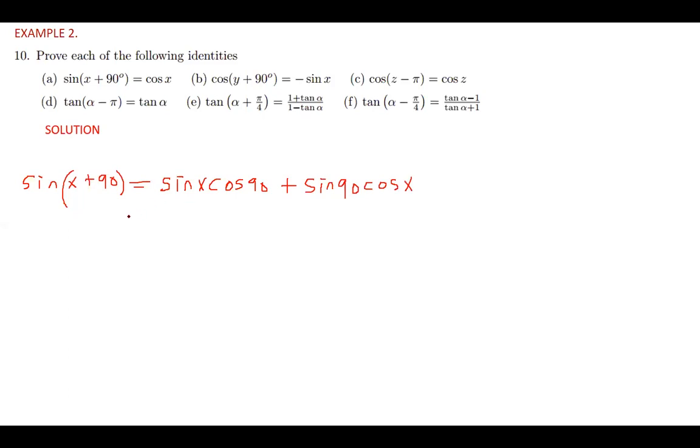So sine x will just remain as sine x. I'm just remaining with about 8 minutes or so. So sine x, and then cos 90, you know that is 0. And then plus sine 90 is 1. And then cos x will remain as cos x.